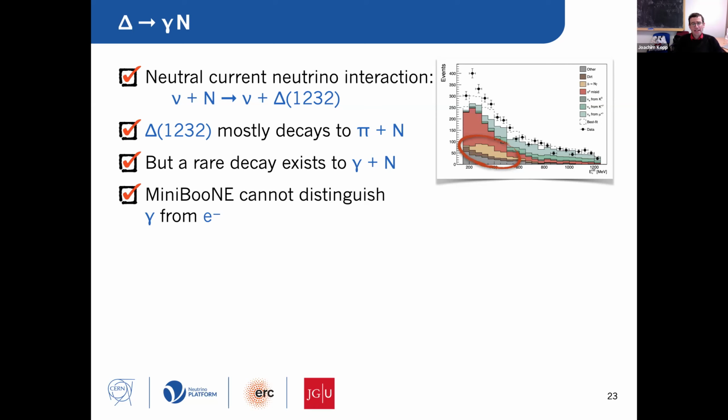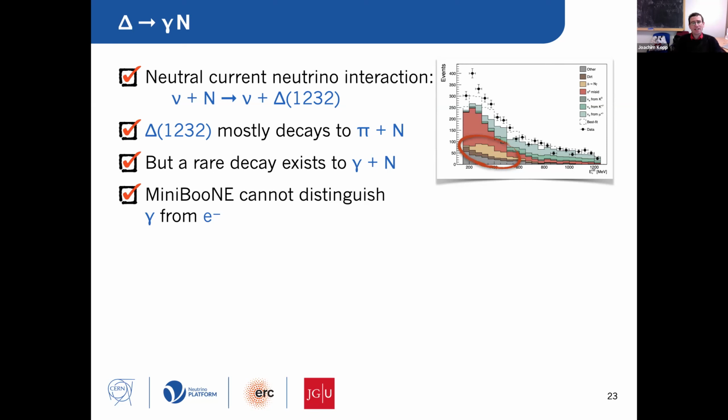The thing is, there is a rare decay mode of the delta resonance to a photon and a nucleon. And given the detector technology that MiniBooNE is using, they are not able to distinguish a single photon from a single electron. Now, a single electron, however, is the signal they are looking for. If you're looking for muon neutrino to electron neutrino conversion, then the signal you're looking for is electron neutrinos. And an electron neutrino shows up in this kind of detector as a single high energy electron coming out of nowhere.